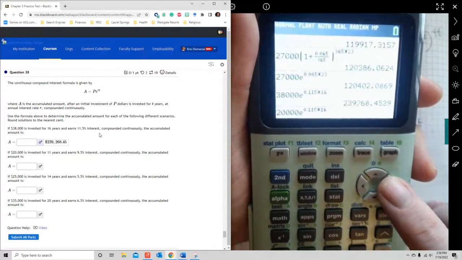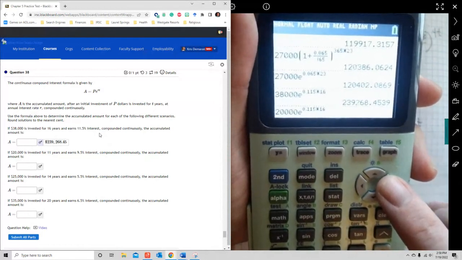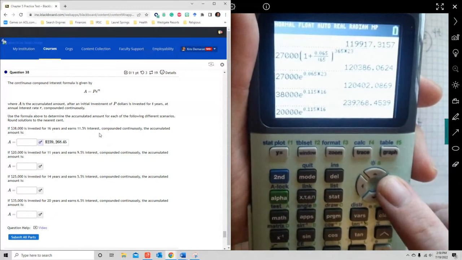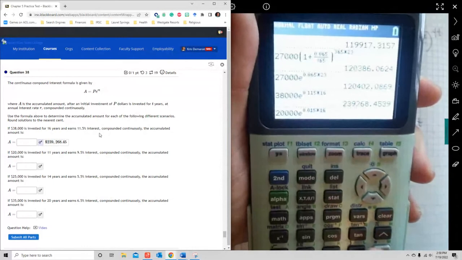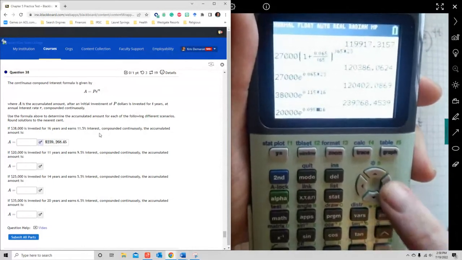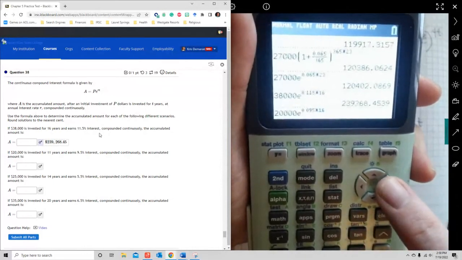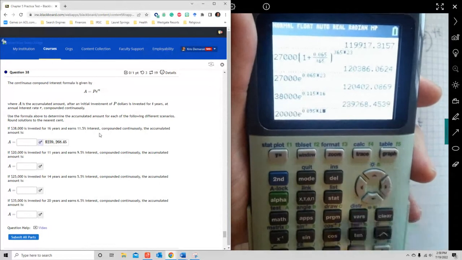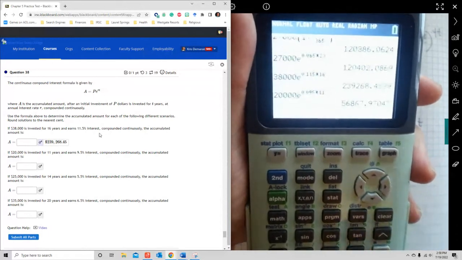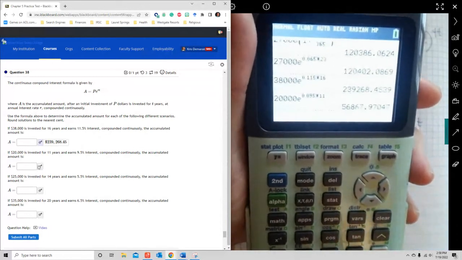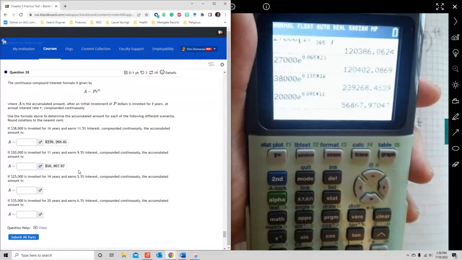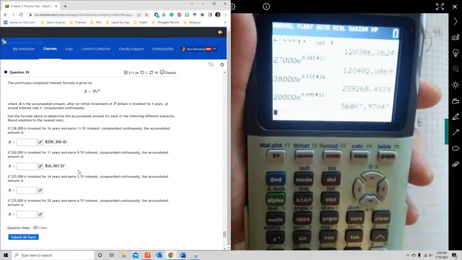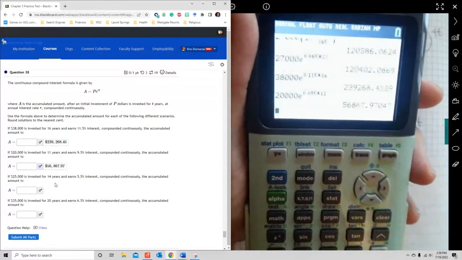No, excuse me. I've got to do 20,000, 11 years, and then 0.95. And then I'm going to put it for 11 years. And then I have my answer. All right, and that's the answer we're looking at. I'll just plug it in.